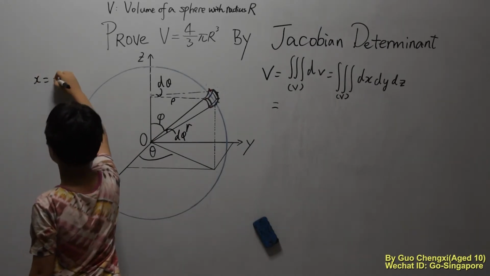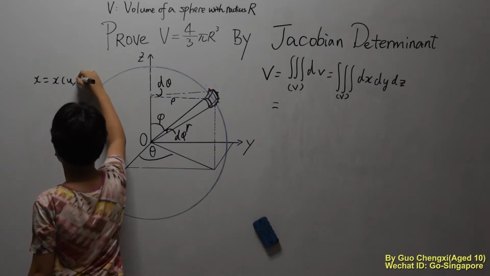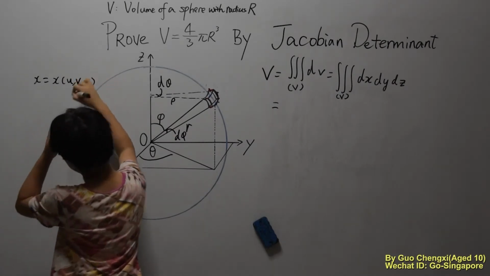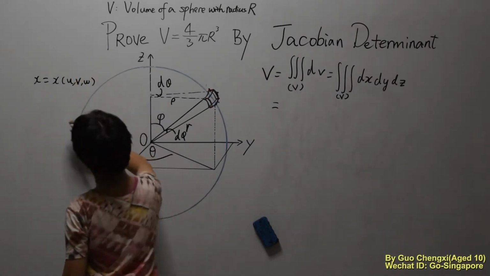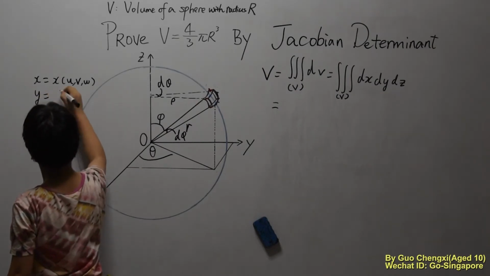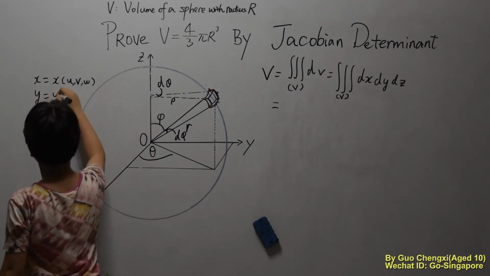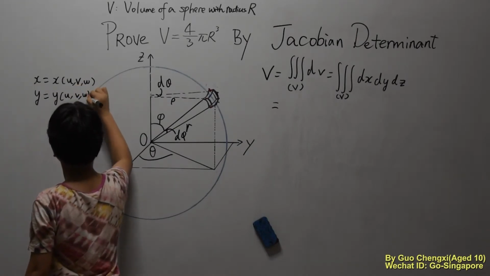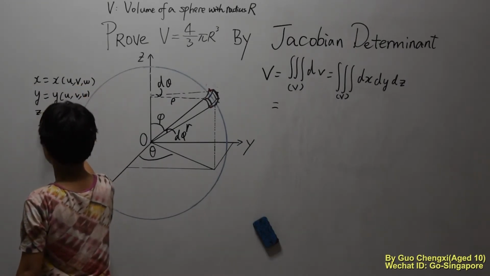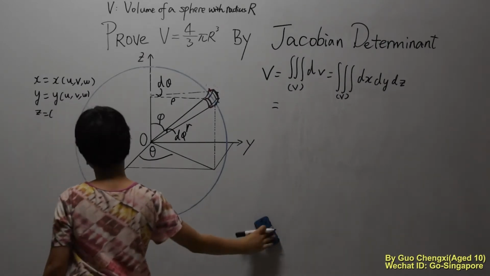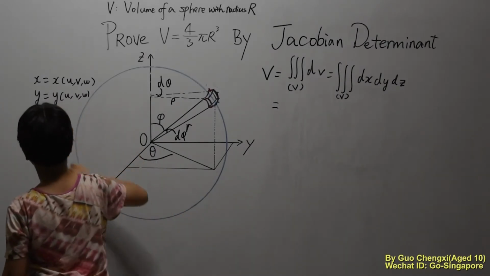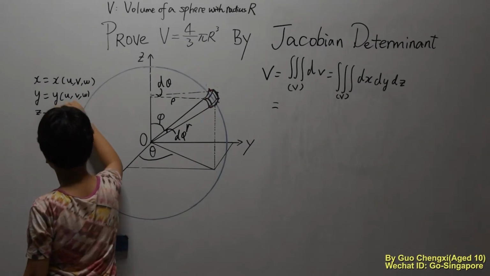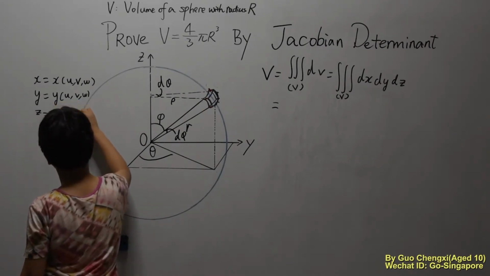x would be equal to x(u, v, w). So this u, v, w can be any variable, okay? Then y equals y(u, v, w), then z will be equal to z(u, v, w).